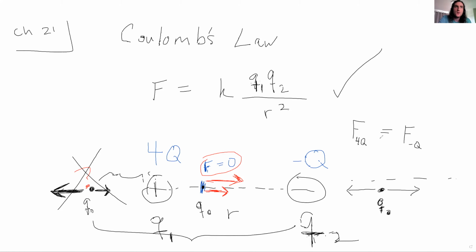Okay, and so how do you set this up? Well, the force between the 4Q charge and the little Q0 is K times 4Q times Q0, my bad, with a Q0 here, over R squared.